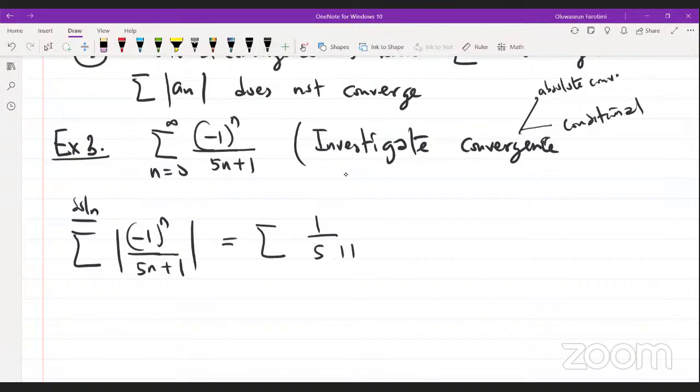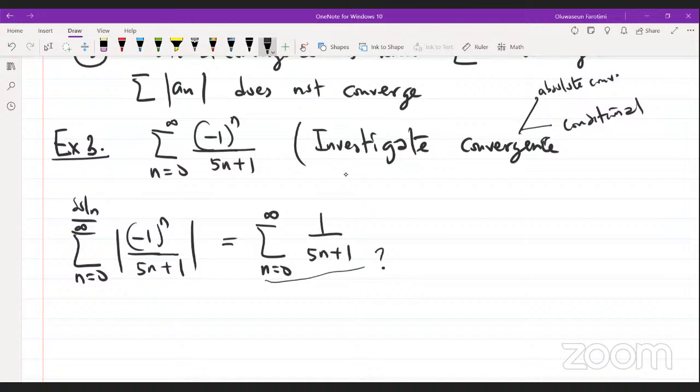But if you have this, the problem is this. From what we have seen so far, n from 0 to infinity, right? How do we check the convergence of this guy?